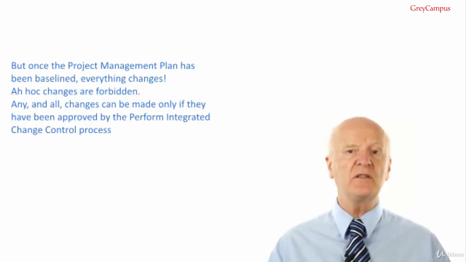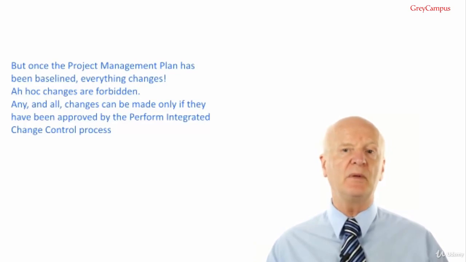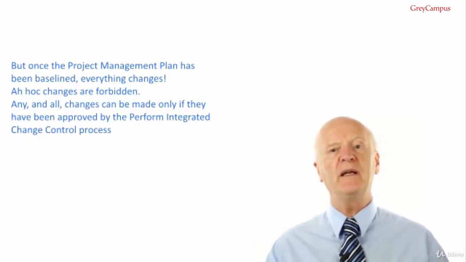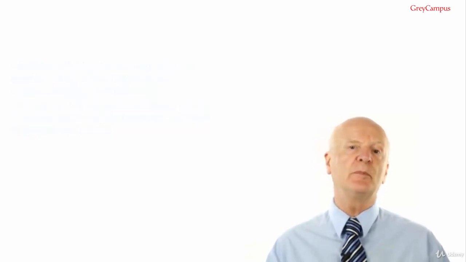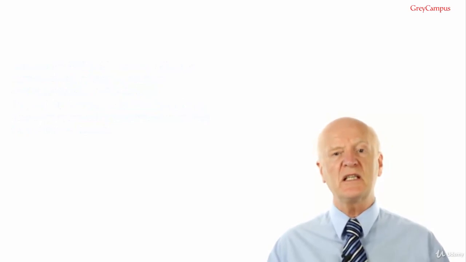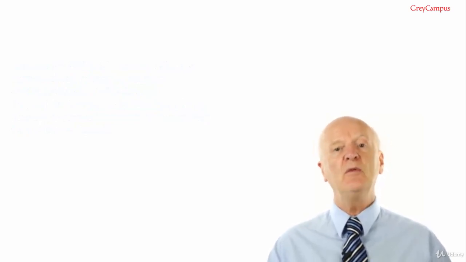Any and all changes can be made only if they've been approved by the Perform Integrated Change Control process. This involves a group of experts, usually called the CCB or Change Control Board, reviewing formal change requests in a holistic fashion. This means they take the whole project into consideration before deciding whether or not to approve change requests.